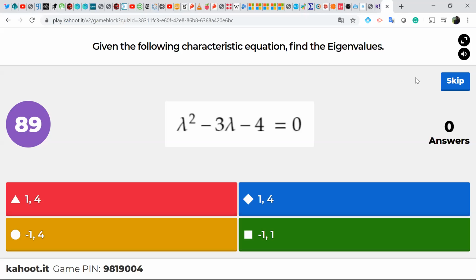So, the right characteristic equation has a negative 4 instead of negative 3. If we make that equal to 0, we have the characteristic equation.